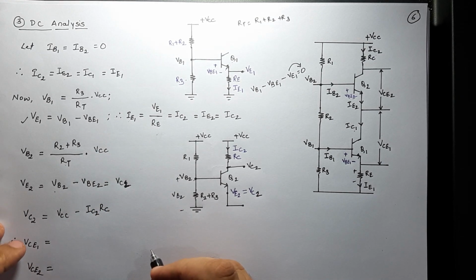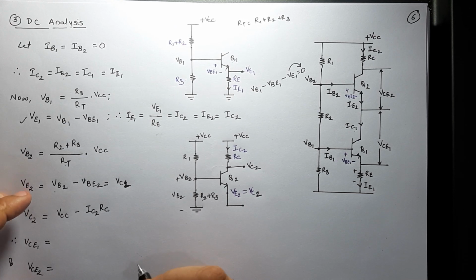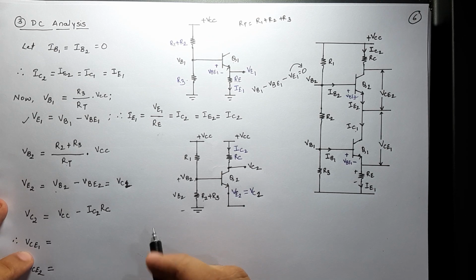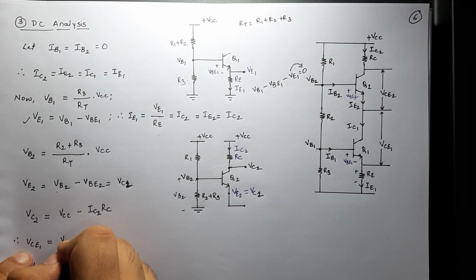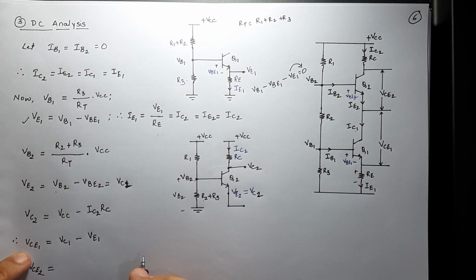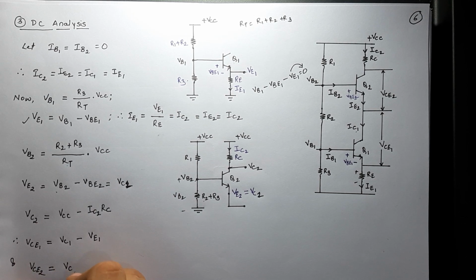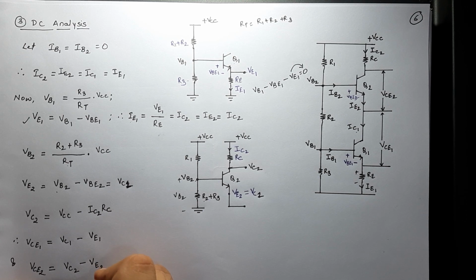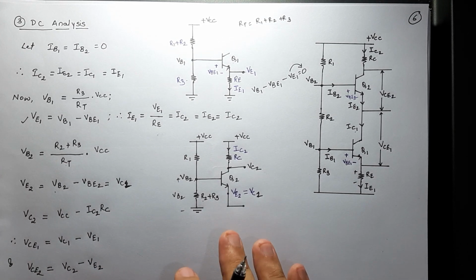Hence, since we have VC2, VE2 and VC1 and VE1, we can simply write VCE1 as VC1 minus VE1, and VCE2 as VC2 minus VE2. I hope we are clear up till this point.